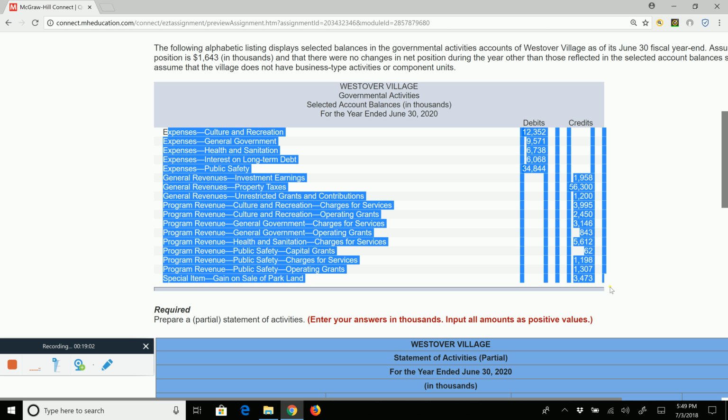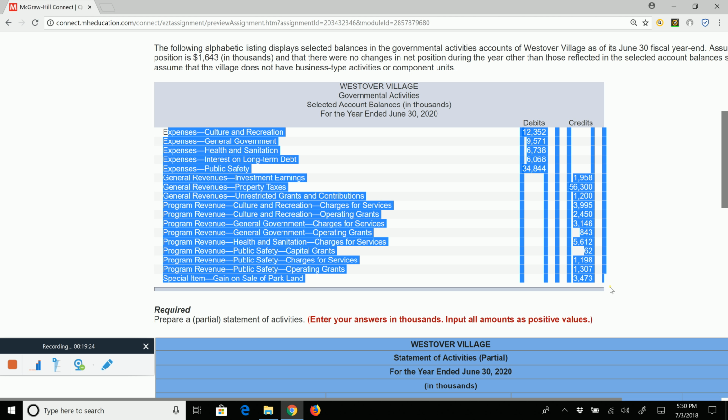And so our job is to take this information and put it into a format of the government-wide statement of activities. Now it's only partial. Remember, the government-wide statement of activities has a governmental activities as well as a business-type activities column.